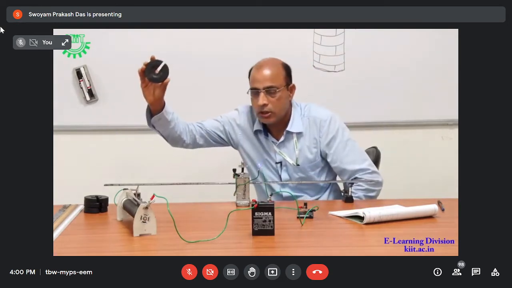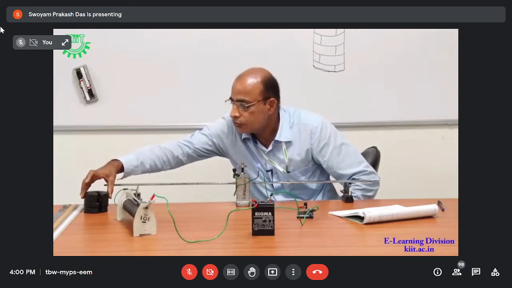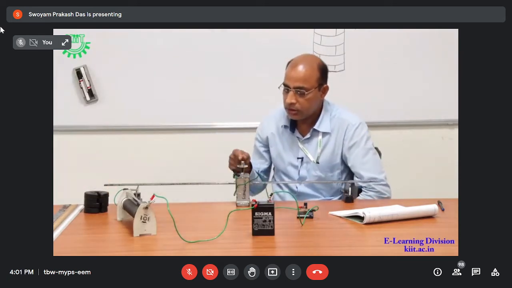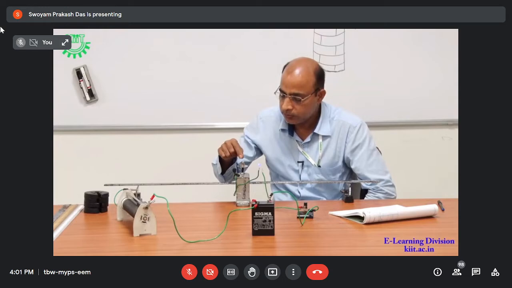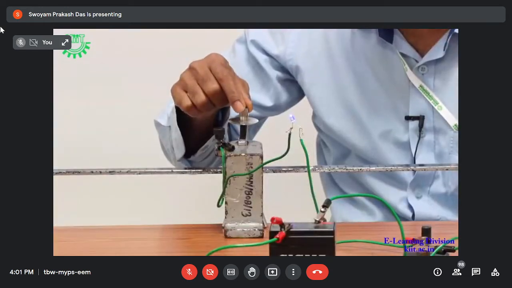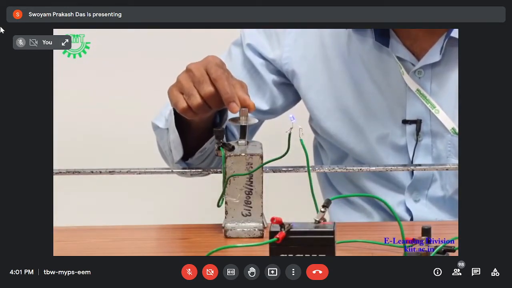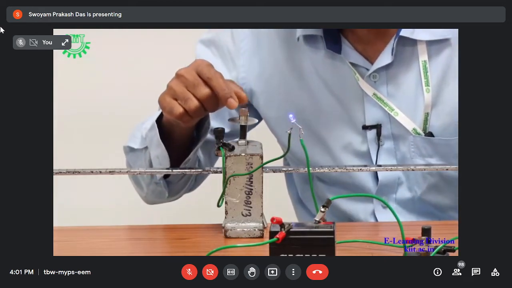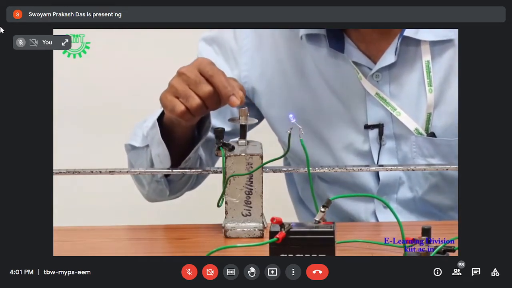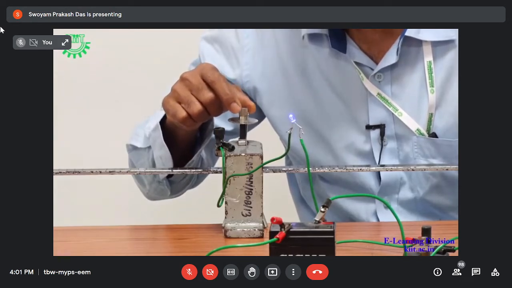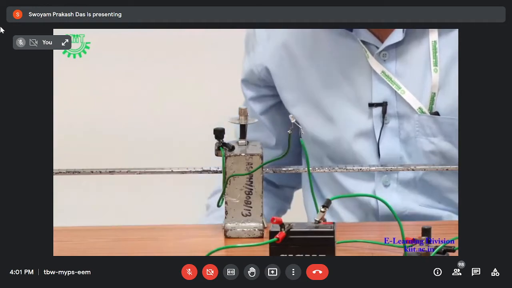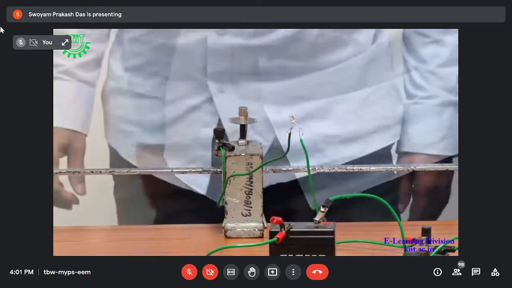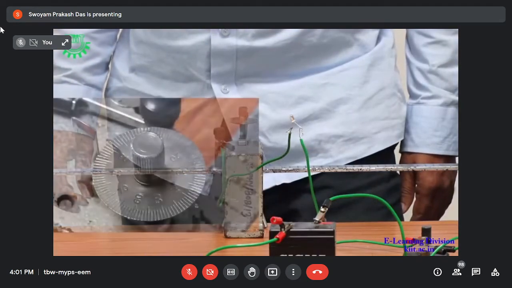This is the other load which is removed. Contact comes and the bulb glows. It has not crossed. Yes, bulb is off now, and the reading is 87.